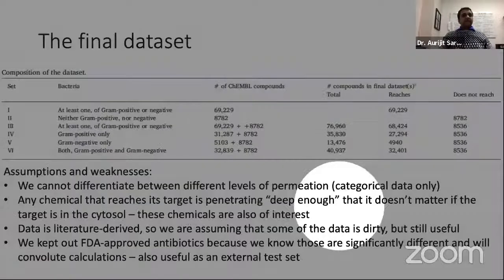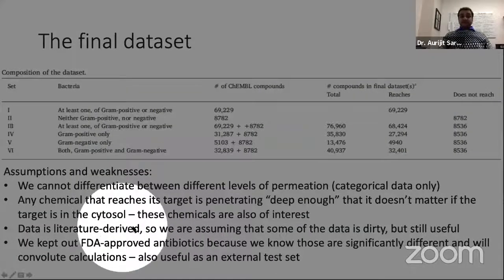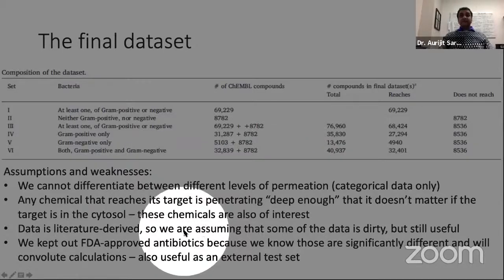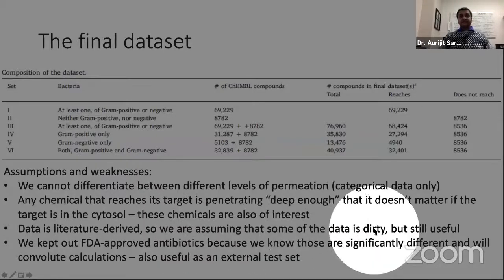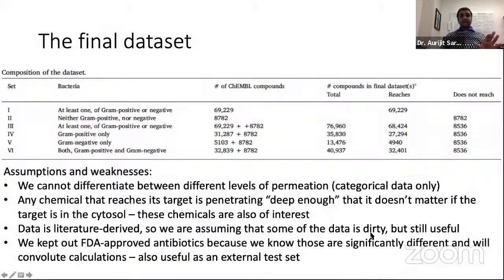Next, the data is literature derived. So we are already assuming that some of this data is dirty. It's useful, but it is not 100% clean. Unless we generate this sort of data within our own lab, we cannot be 100% certain that we are dealing with good data.